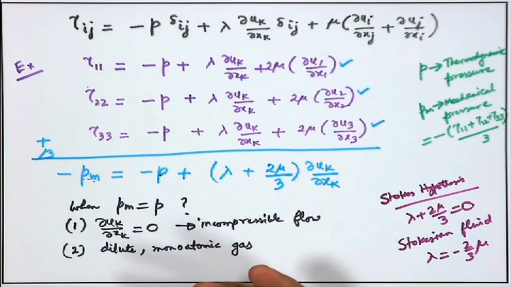Let us take an example. Let us consider that there is a bubble which is rapidly expanding, contracting, expanding, contracting like this.